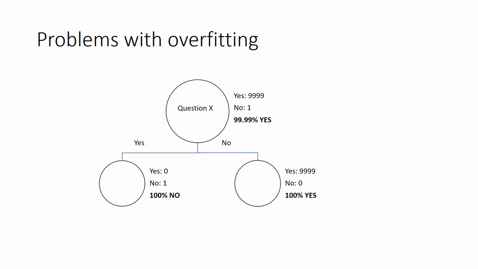One of them has only one data point, and that's the one where the output variable is no. And in the other one, I have 9999 data points, and all of them are yeses. So my decision tree looks like this. You may think that going down to 100% is better than staying at the parent, which has 99.99%.